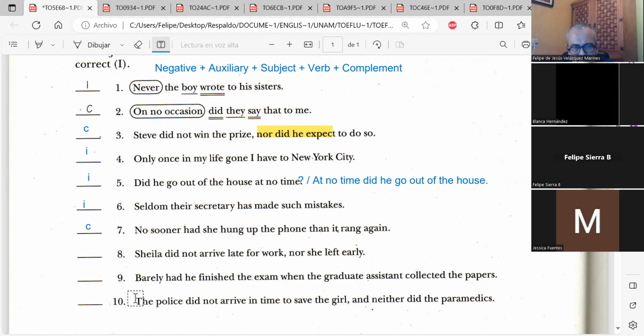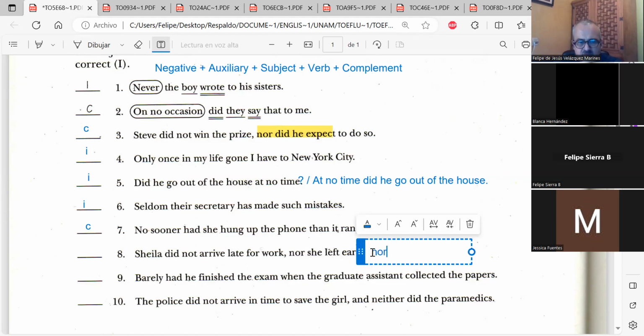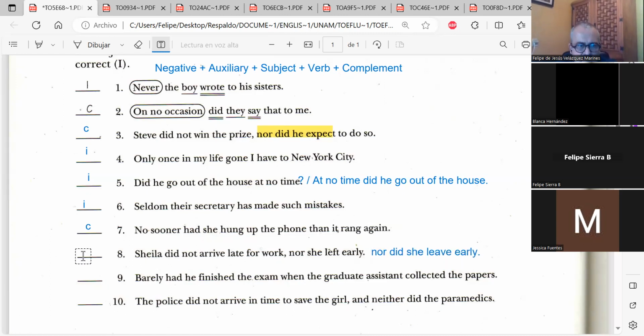Kayla did not arrive late for work, nor she left early. The negative is nor. So we need nor did she leave early. Very good. And this is incorrect.